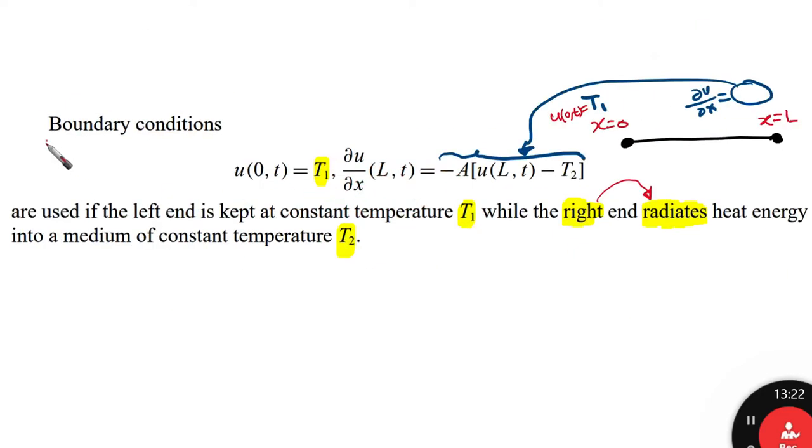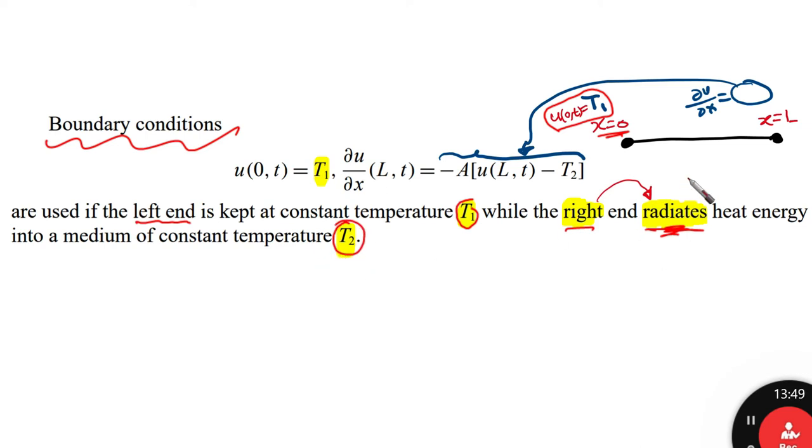Now another boundary condition is the case where the left end, at x equal to 0, is kept at a constant temperature T1. So u of 0 and t equals T1, while the right end radiates heat energy into a medium of constant temperature T2.